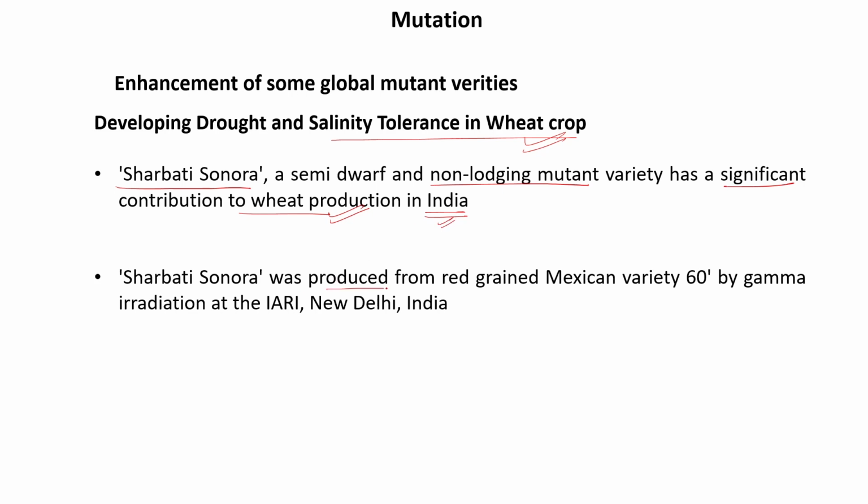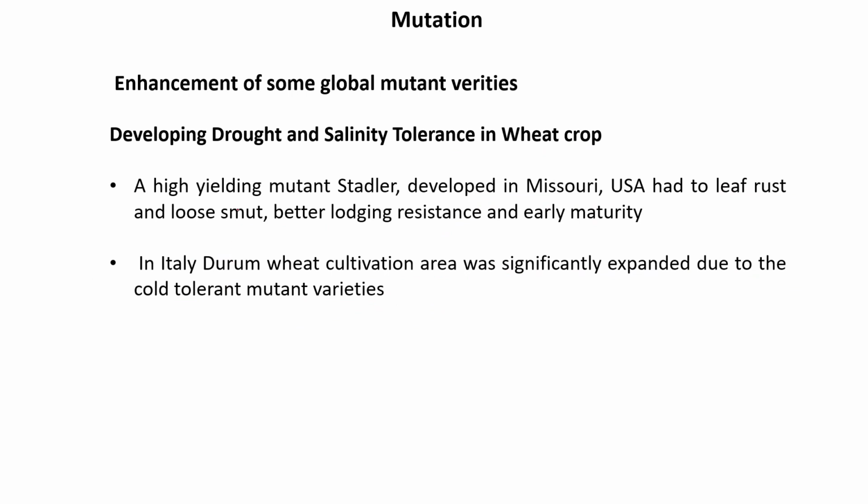Sharbati Sonora was produced from the red-grained Mexican variety, Mexican variety 60, by gamma irradiation at ICAR, New Delhi, India. So the Indian Agricultural Research Institute developed this Sharbati Sonora variety of wheat. A high yielding mutant, Stadler, developed in Missouri, USA, was tolerant to leaf rust and loose smut.